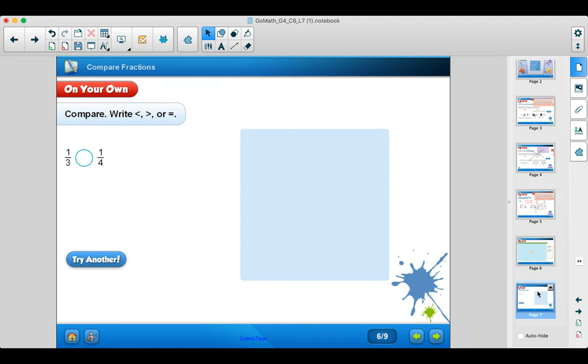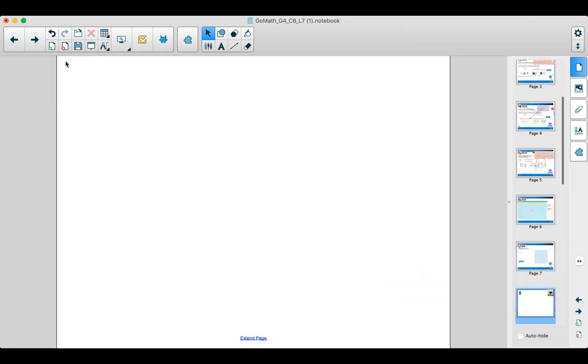Now on page 366, I'm going to add a new page here. On 366, they're asking you to compare your fraction and explain your reasoning. Let's look at the first one. A. 3/4 or 1/3.